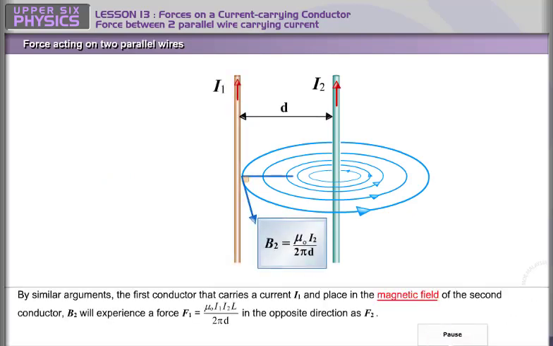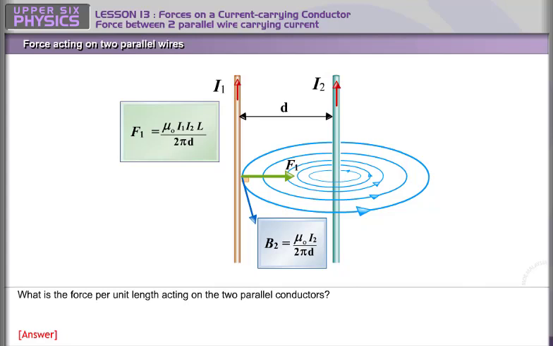By similar arguments, the first conductor that carries a current I1 and placed in the magnetic field of the second conductor B2 will experience a force F1 equals mu naught I1 I2 L over 2 pi d in the opposite direction as F2.